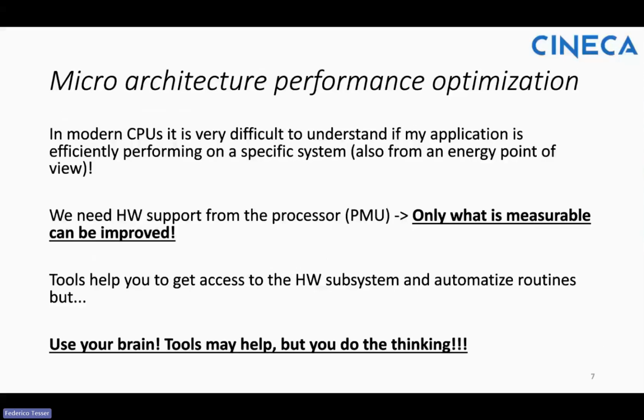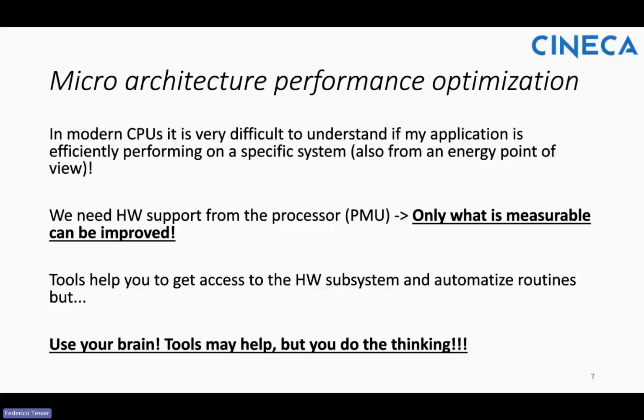So as we have seen, it's quite difficult in modern CPUs to understand if and how my application is performing well or badly. We have seen that they are quite complicated, and especially they change when you move from microarchitecture to microarchitecture.